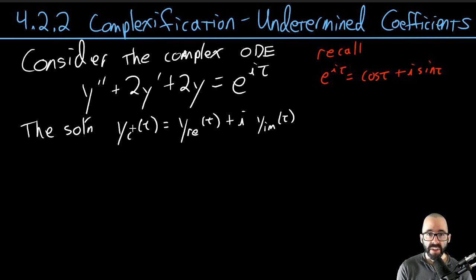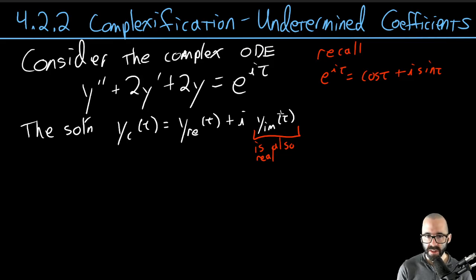And the complex valued function will just be the real function plus the imaginary number times the imaginary function. And I cannot stress this enough, just like in 3.4, the imaginary part of this function is also real. So the complex solution is a real function plus i times another real function.